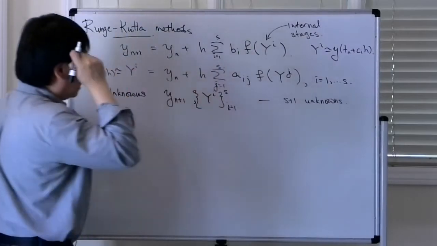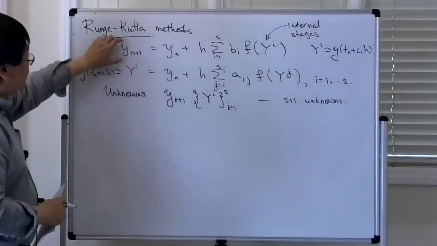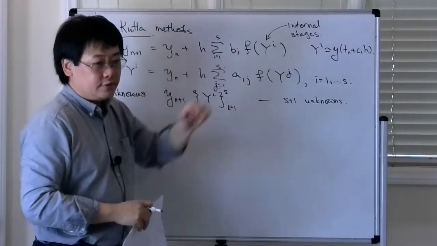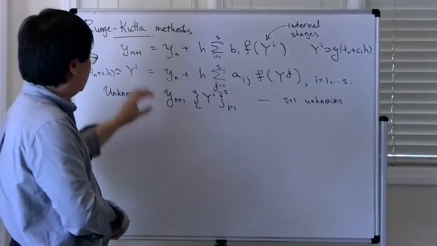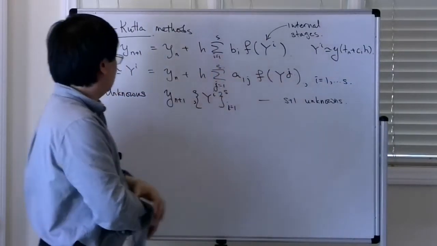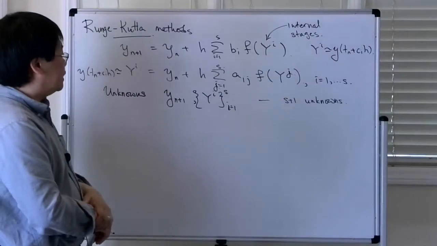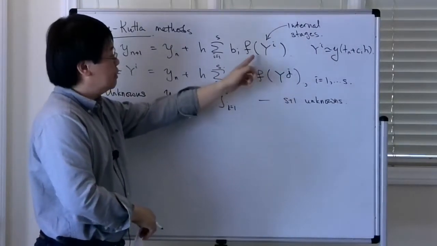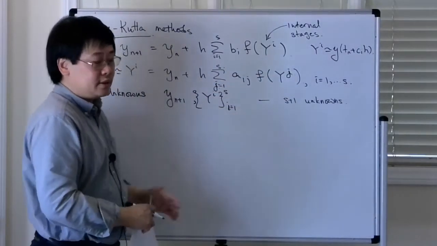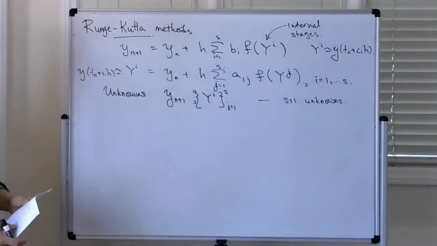But you have s plus 1 equations: the equation for yn plus 1 in terms of a weighted combination of the vector fields, as well as the s equations which the yi's have to satisfy. So s plus 1 equations and s plus 1 unknowns. In principle, you might envision being able to solve these things.